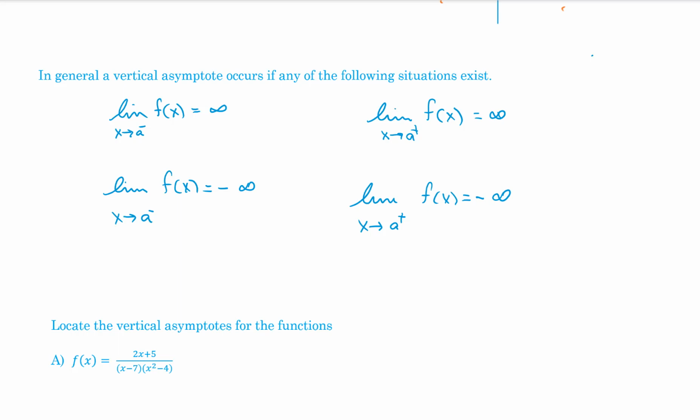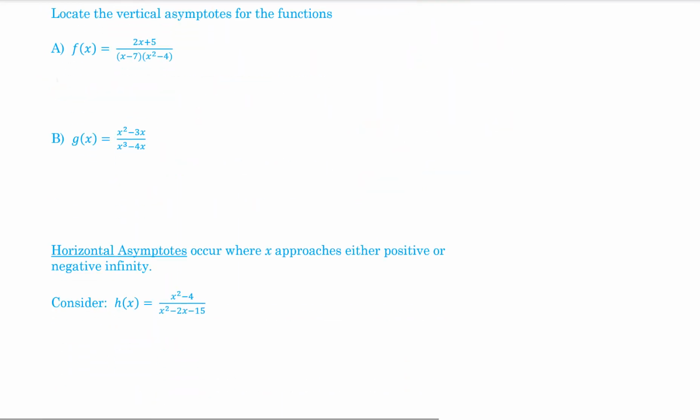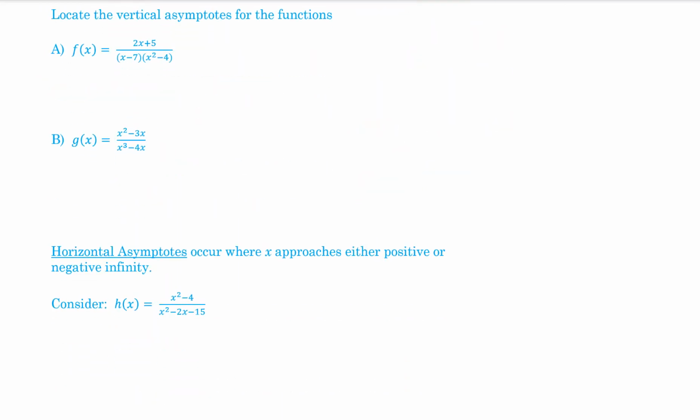Let's take a look at some situations where we're actually going to identify our vertical asymptotes. As a first example, let's take a look at 2x plus 5 over x minus 7 times x squared minus 4. The first thing I want to do is take the denominator and factor it as much as I can.